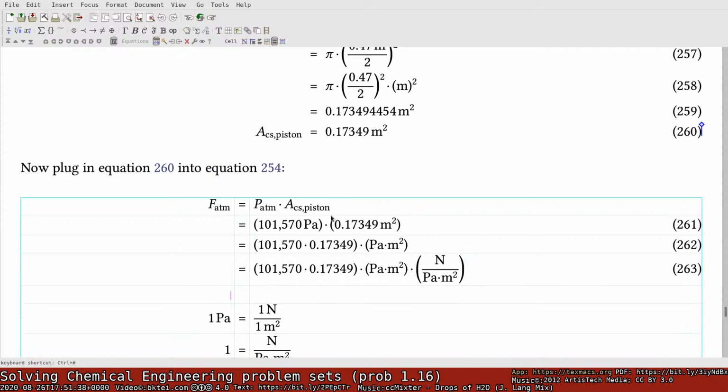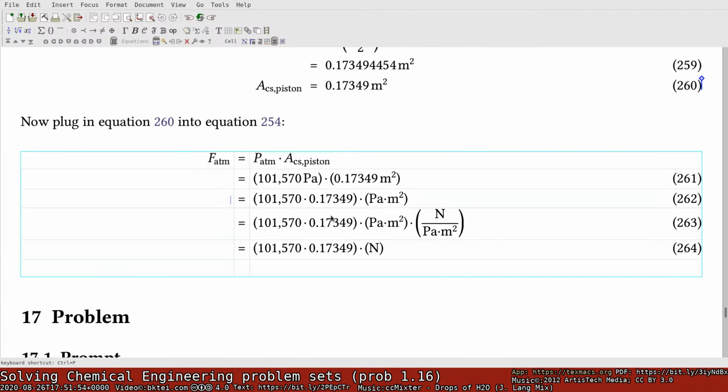That gets rid of everything, and now everything should be in newtons. Plug that into our calculator. $101,570 times 0.17349. That gives me 17,621.3793 newtons.